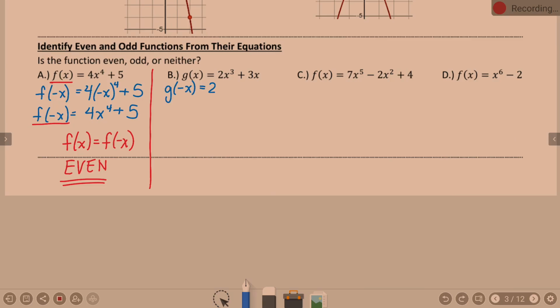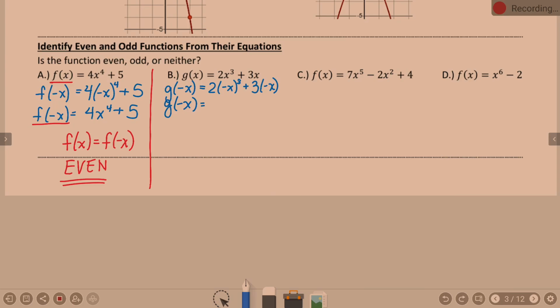So 2 times negative x raised to the third plus 3 times negative x. Let's clean that up. What is a negative x raised to the third? So what is a negative raised to the third? That's a negative.